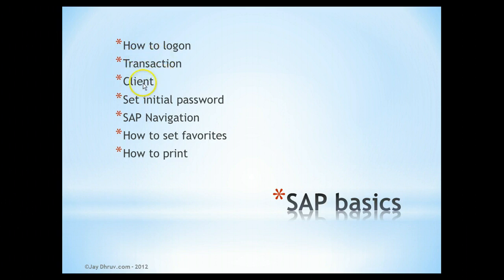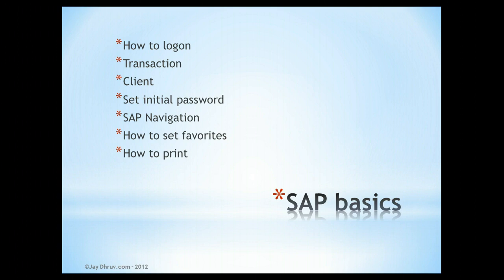We also understand what is client, and we'll touch upon transaction and client more in detail further down the course. We also understand that the system will prompt us for initial password and how to do that. We also understand how to navigate in SAP. Let us look at how to set favorites and how to print.